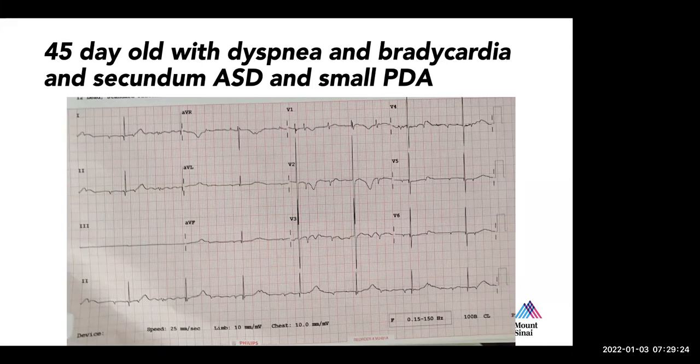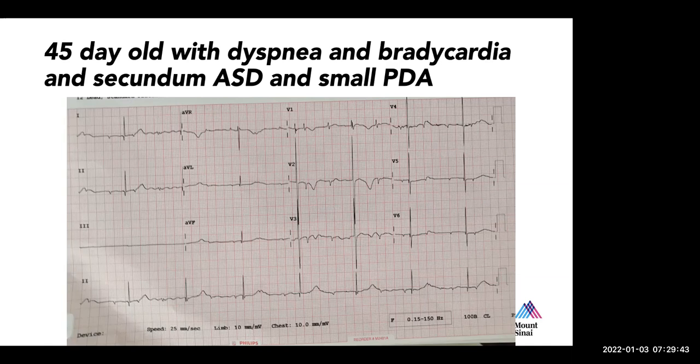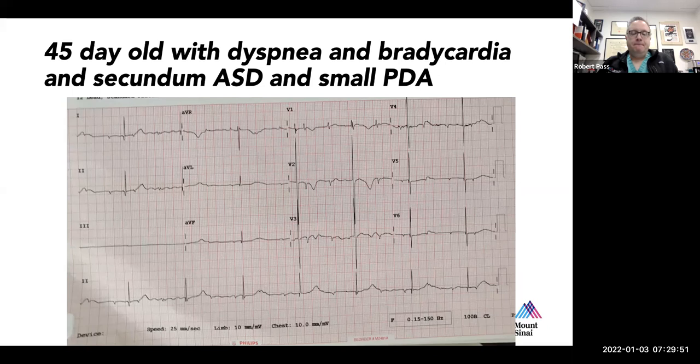And then in terms of the rhythm, I'm looking at every lead just to make sure. I don't think I see a clear relationship between the P's and the QRS. I want to say this is complete heart block.